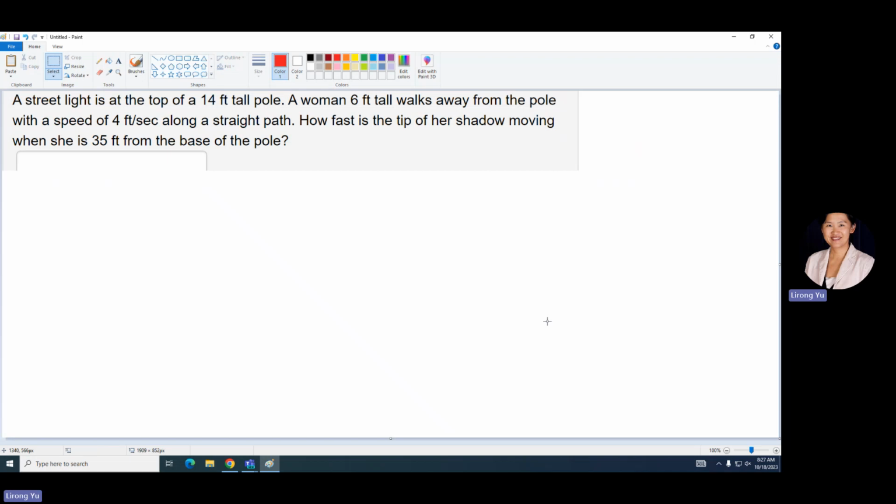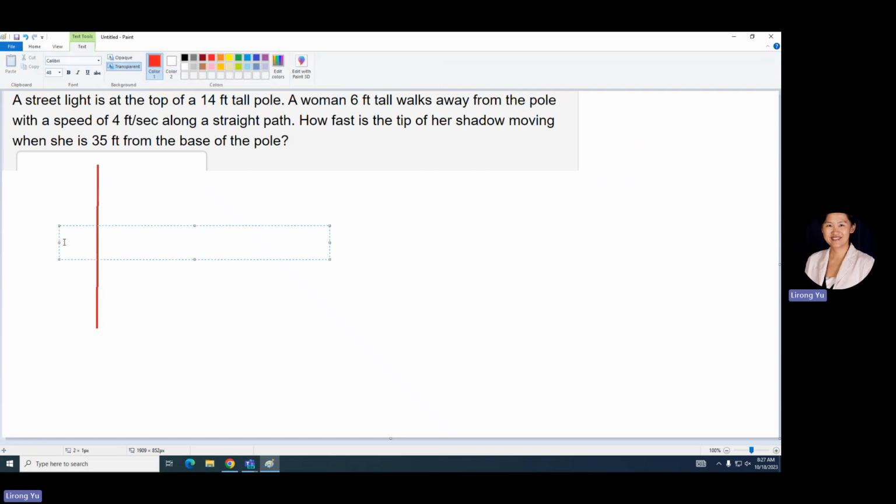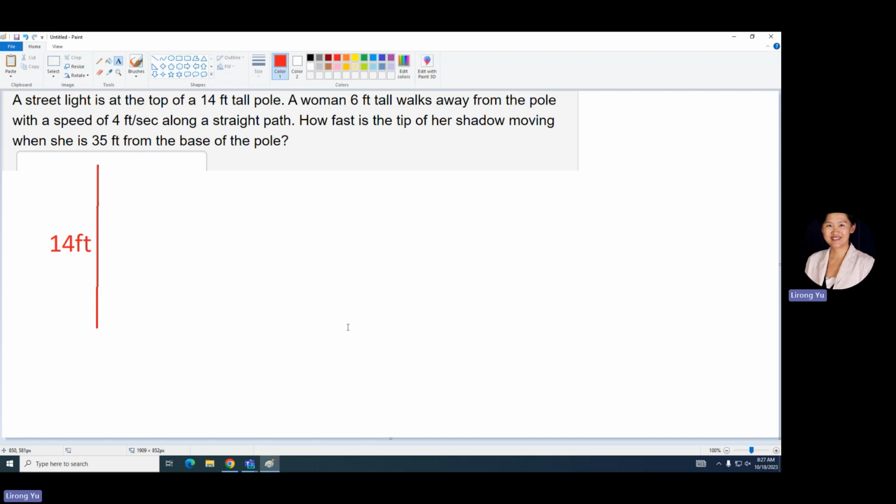All right. So this picture, the question itself really is talking about a pictorial story. It's talking about a street light, and it says the street light is 14 feet tall. And then we have a person that's 6 feet tall.